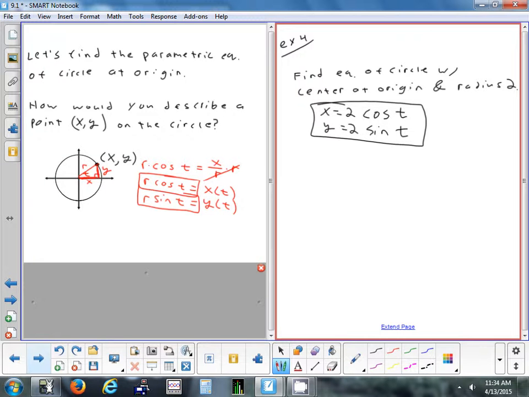Are there any questions on how he got that? You're just taking the two equations we had and filling in what r is, in this case 2. Now, if you wanted to shift it up or down, you would add or subtract a number to which one of these equations, do you think?